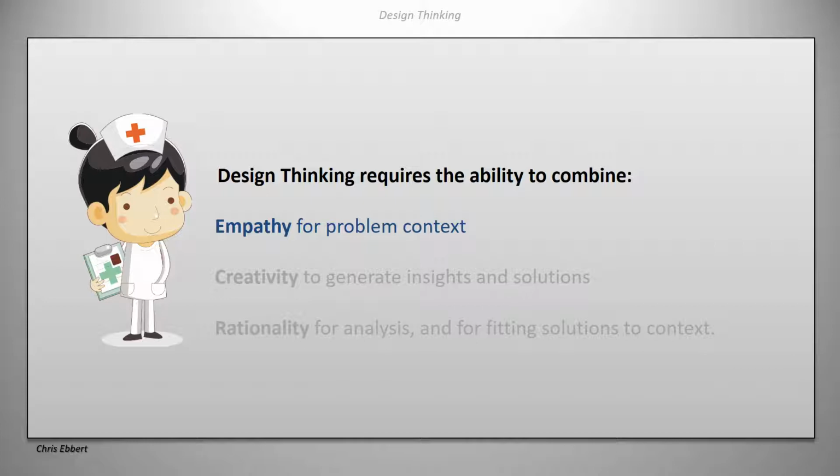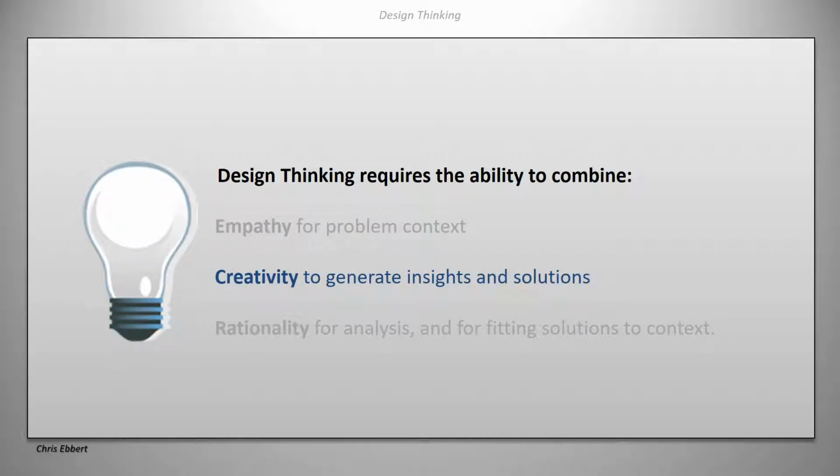One is you need to have empathy to understand the problem context. Sometimes problem contexts go much deeper than you might be used to. They might involve people, they might involve chains of actions.